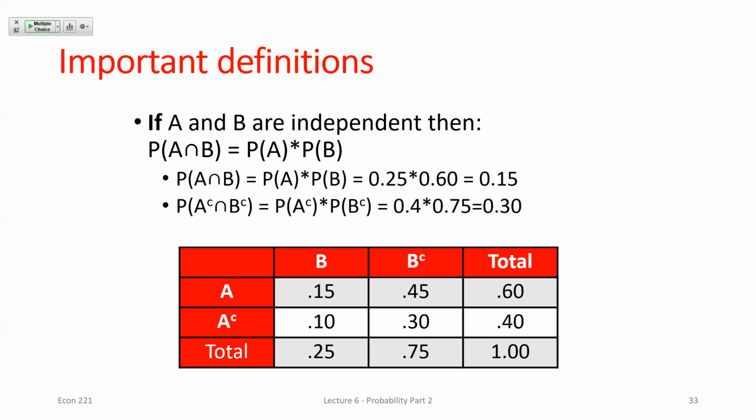And then I have event B, and it exactly splits it in half the other way, right? So the probability of A and the probability of B is 0.5.